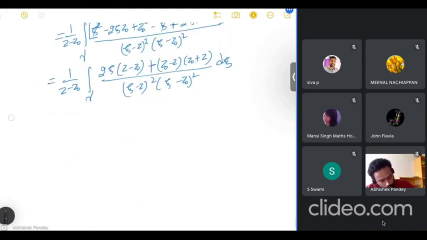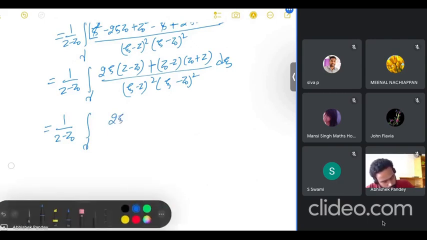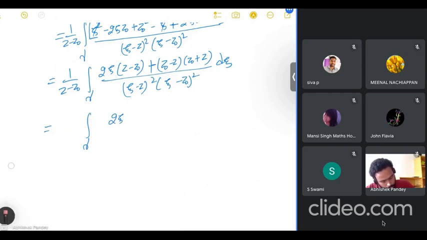Okay, and if you take z minus z naught out, this will get cancelled, and this will be 2 xi minus (z plus z naught), times h of xi, upon (xi minus z) square (xi minus z naught) square.